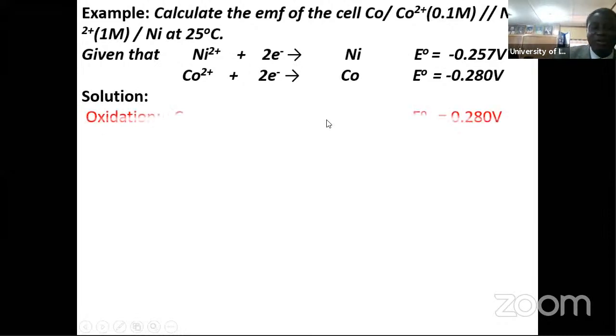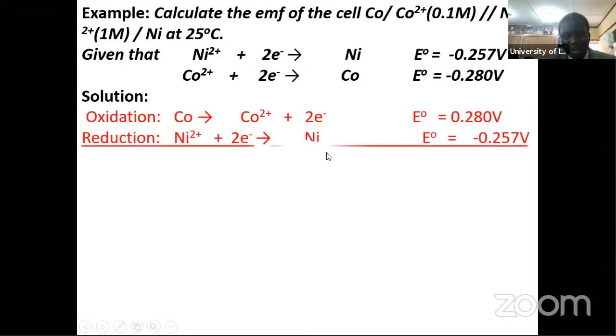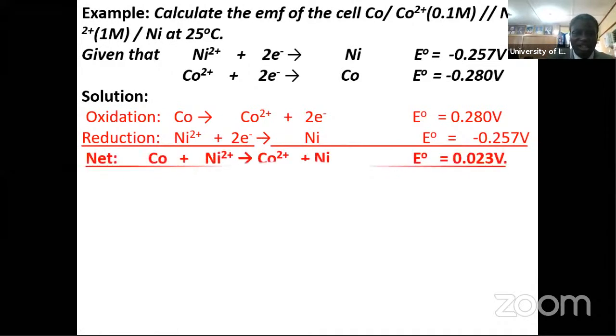Let's just go and see what we have from the equation. So this one, I said you will change, and because you are changing this, that means this one is going to become positive now. It's Co to Co2 plus 2 electrons instead of what you have here. And the other one, we just bring it down the way it is. So now, if you add up the two, you get this net equation.